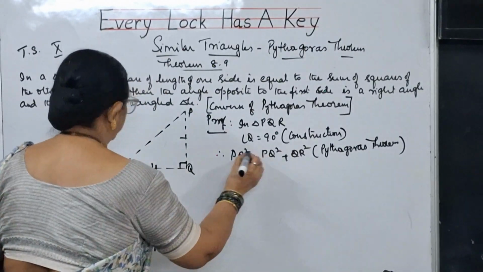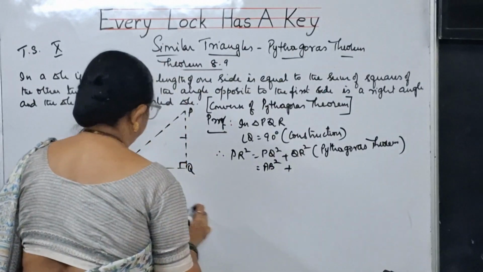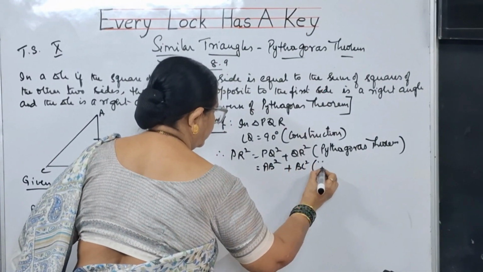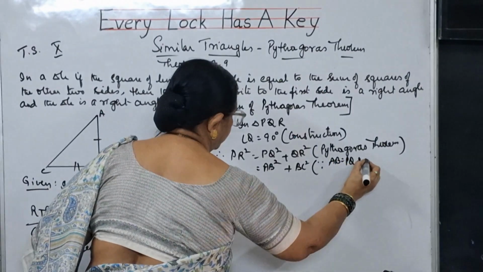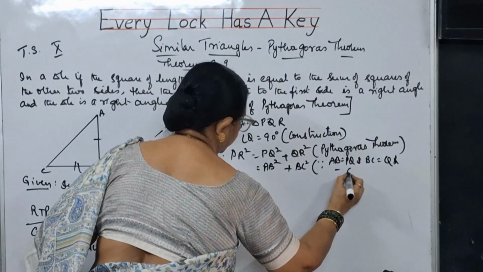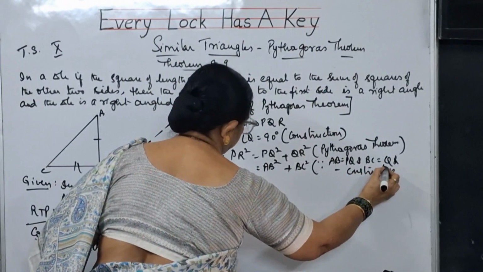This is equal to, instead of PQ, I will write AB square plus, instead of QR, I will write BC square. Why is it? Because AB is equal to PQ and BC is equal to QR. This is also our construction. We have constructed it in that way.